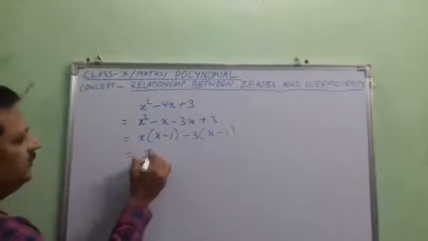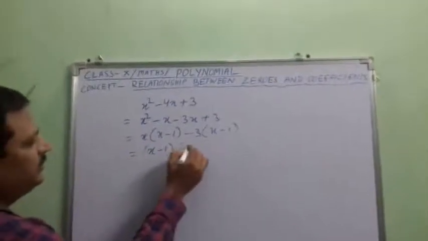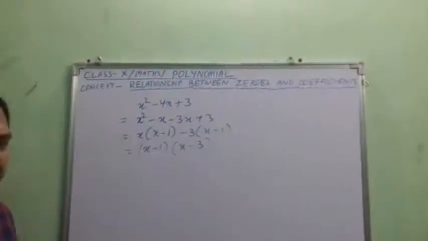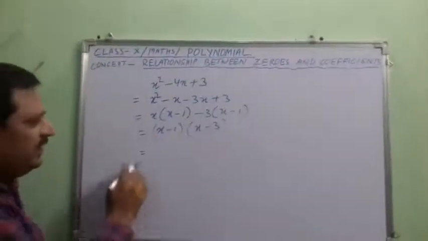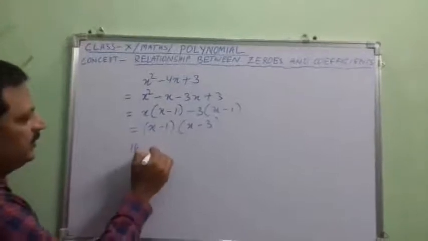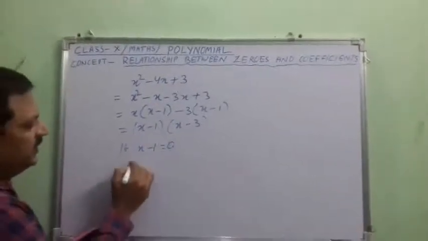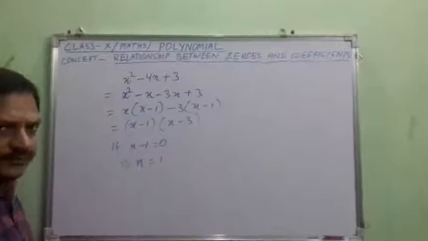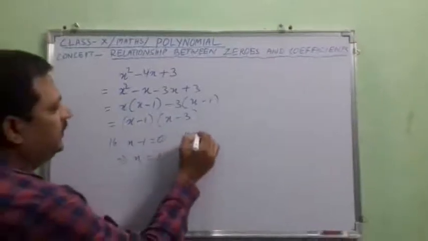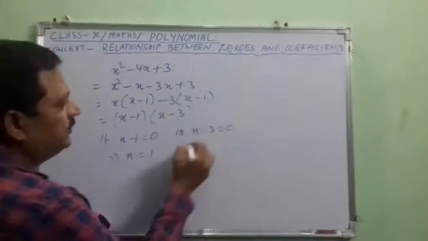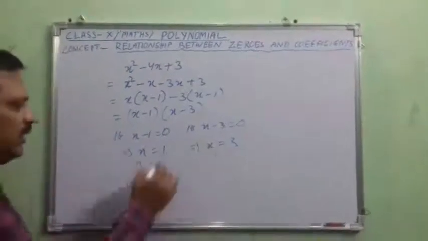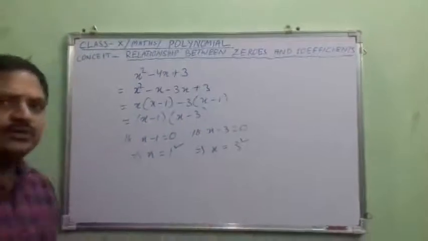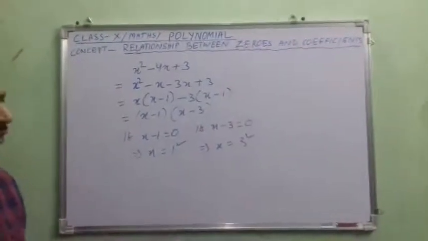And this gives you x minus 1 into x minus 3. So if x minus 1 is 0, then x equals 1. If x minus 3 is 0, then x equals 3. So 1 and 3 are the two zeros of this polynomial.